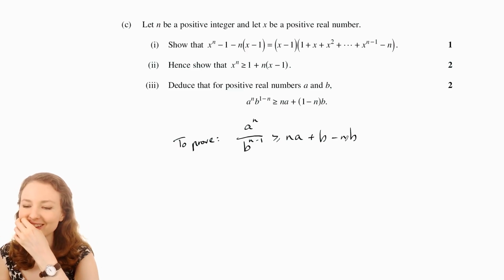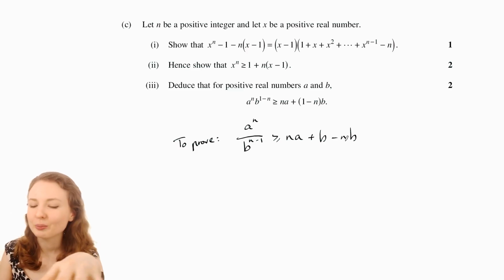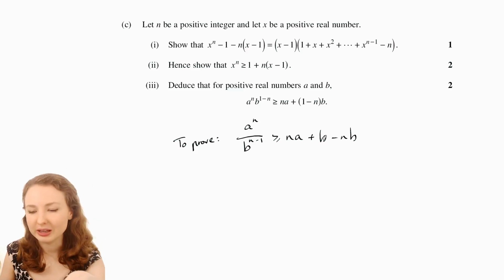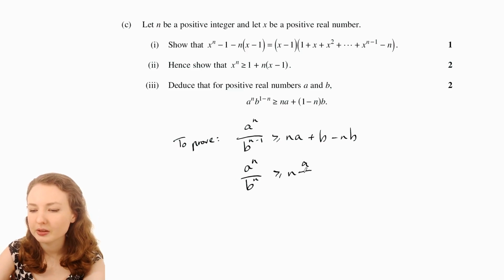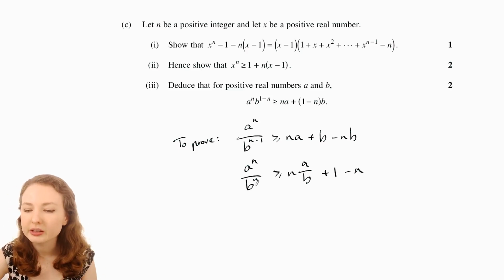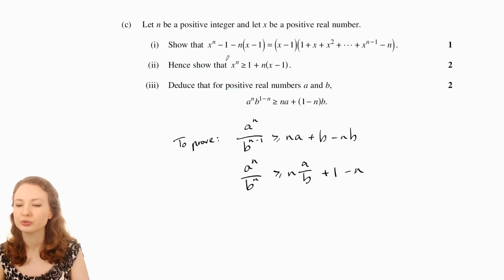So I got to the answer in a really circuitous way. But what I should have done was just divide both sides by b here, so that we have a to the n over b to the n, because then it's totally obvious a over b is the x. So that's what we need to do in the proof.